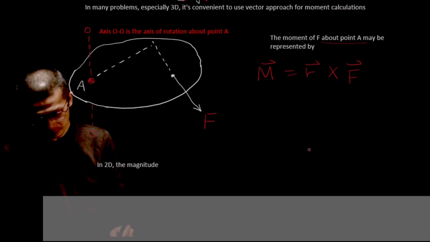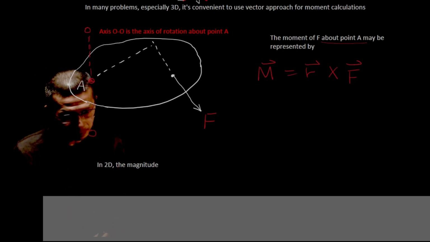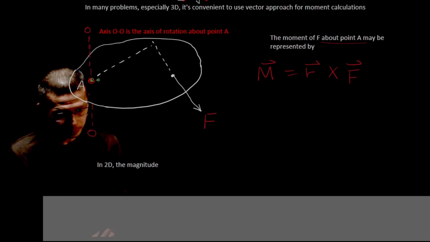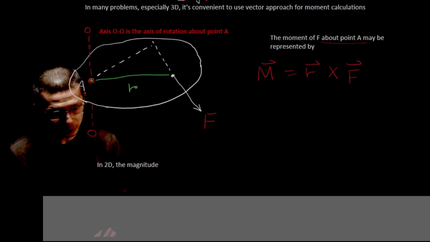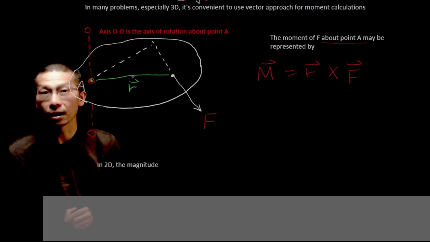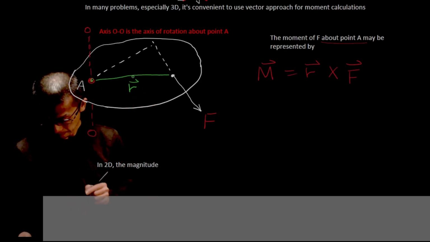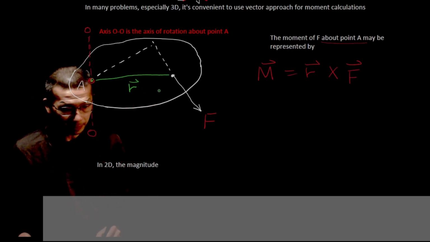Where is that r? Well, if you go from point A, because that's the point of interest, to the point where F is applied, that is your position vector r.